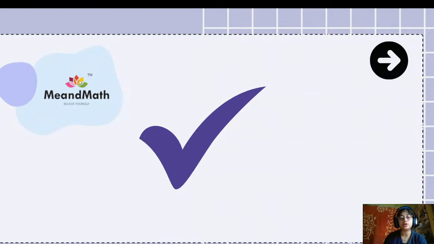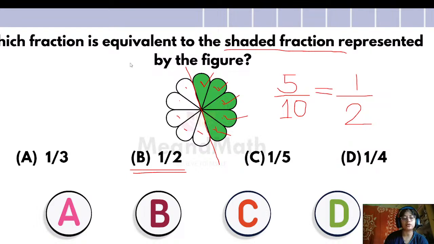I hope everybody understood the explanation over here, right? 5 out of 10 is equal to half. Okay. So if we want, we can go back to the question and you can look at it again if you are still confused about it. Yes.